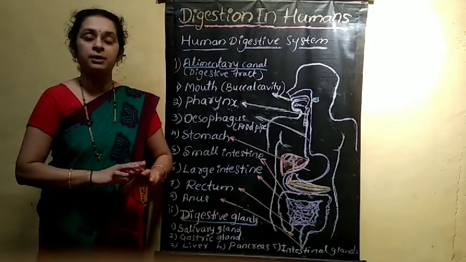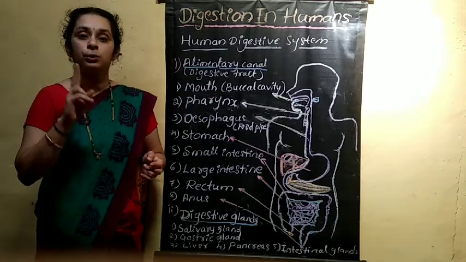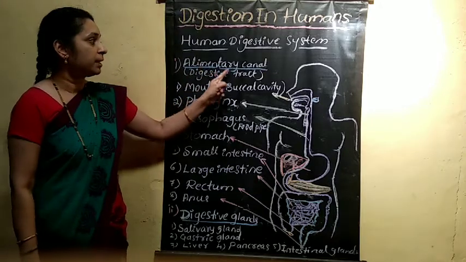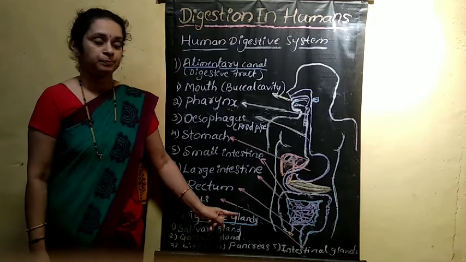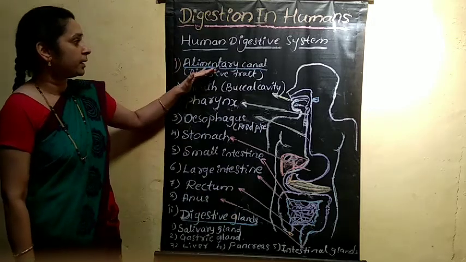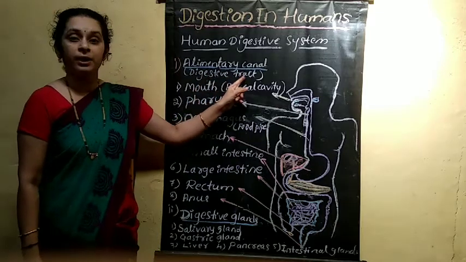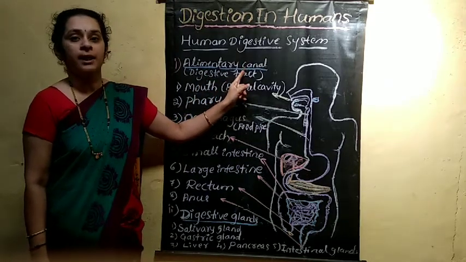They are broadly divided into 2 parts, the alimentary canal and the digestive glands. The alimentary canal is also called the digestive tract.